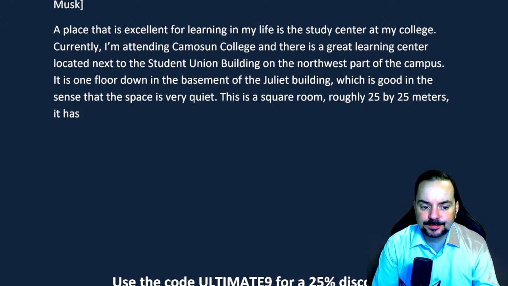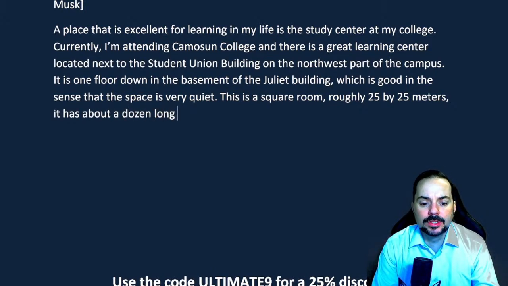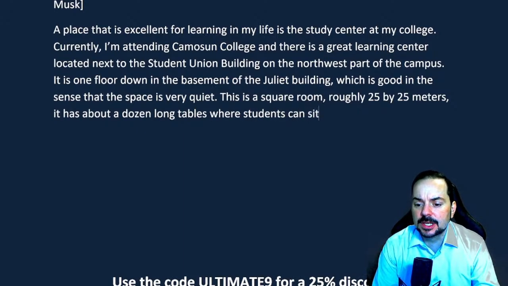It has about a dozen long tables where students can sit next to each other and opposite to each other.